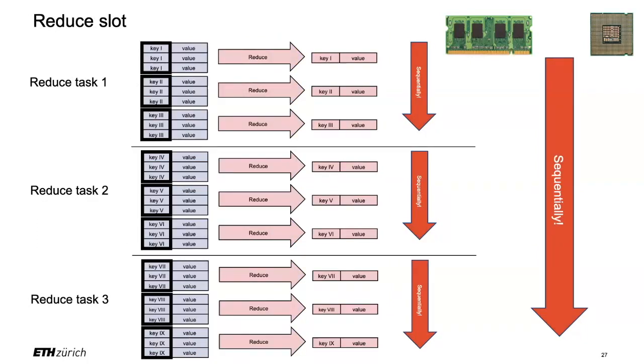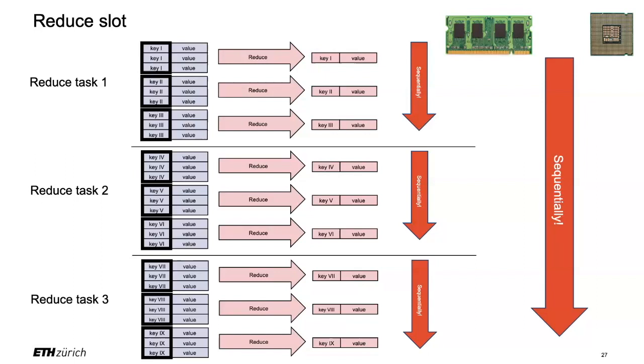The reduce slot is the same thing. We have again one virtual core. It's processing a reduce task, then it's done, then it's processing another reduce task, and then another, and so on until none is left. There is no parallelism. It is all sequential. Sequential within a reduce task, where the reduce function is called sequentially, and also across reduce tasks, which are executed one after the other on a specific virtual core.